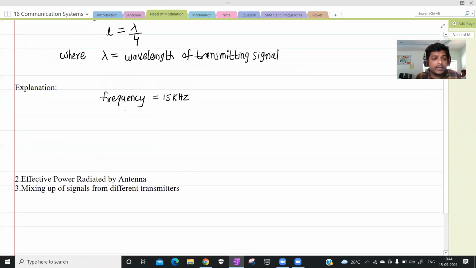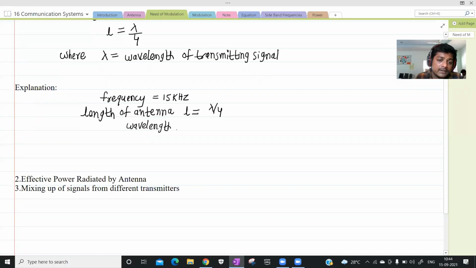Now tell me, what is the length of the antenna for any wave? Small l equals lambda by 4. But we know the wavelength lambda equals C by frequency.